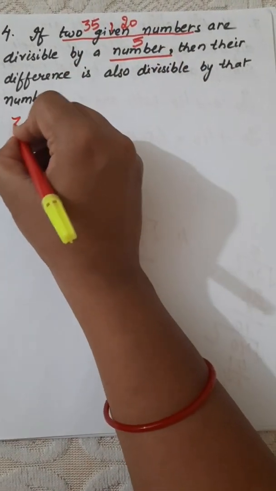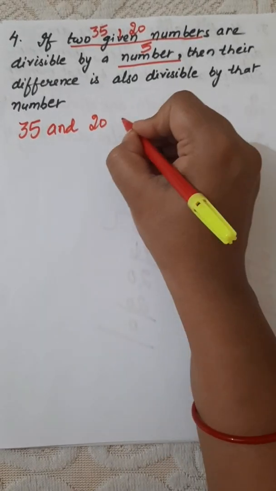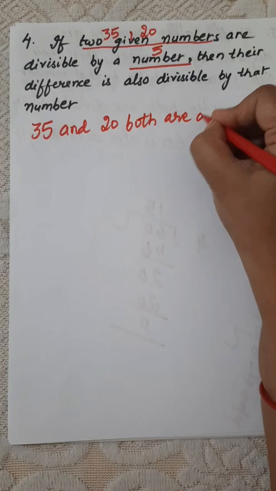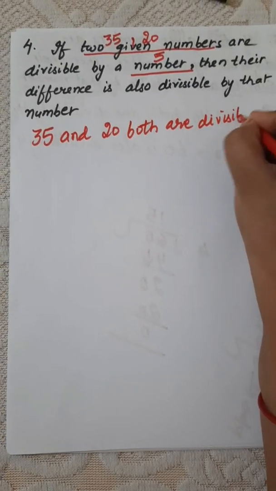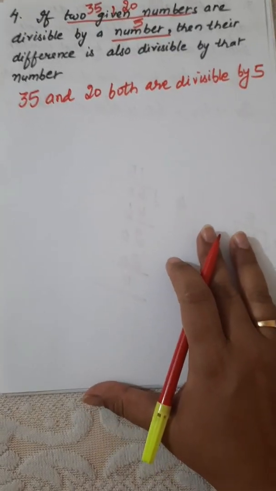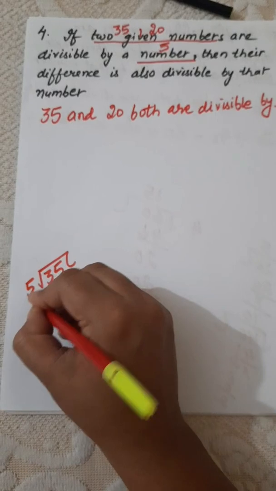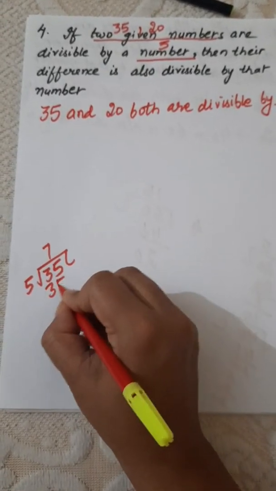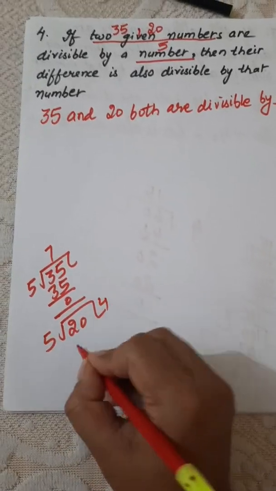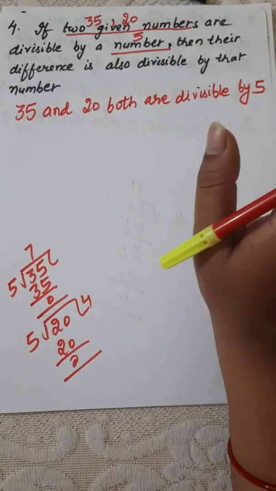If I write this, 35 and 20 both are divisible by 5. Both numbers are divisible by 5. It means 35 divided by 5, 5 7s are 35. Then we have 20, 5 4s are 20. So here 35 and 20 both are divisible by 5.